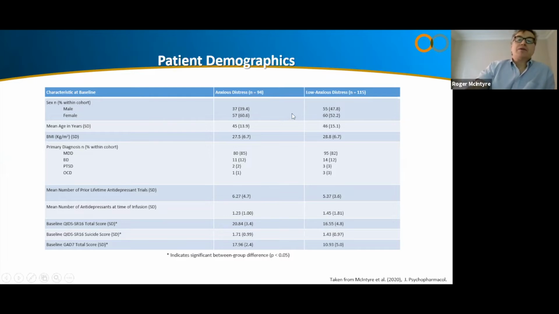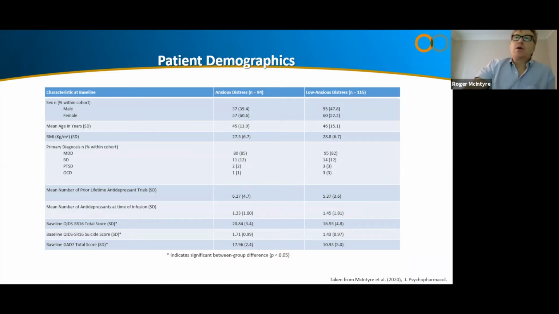We categorized the two groups as so-called anxious distress or non-anxious distress, meeting criteria, and as expected, those not meeting criteria for anxious distress had a much lower score, not just on the QIDS, but also on the GAD-7. Our primary question was: was there any difference between groups on the change from pre-treatment to post-infusion 4 on the total QIDS SR16?